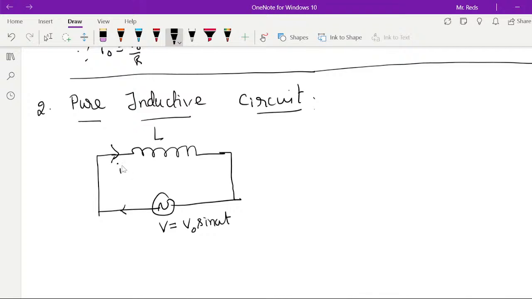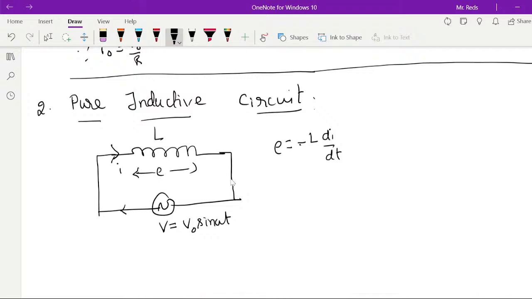When current is passing through an inductor, in the EMI chapter we discussed that EMF is induced, and the EMF induced in an inductor is given, according to Faraday's law, by E equal to minus d phi by dt, where phi is the flux, the change in flux with respect to time. This can be expressed as minus L into di by dt, that is the EMF induced across the inductor.